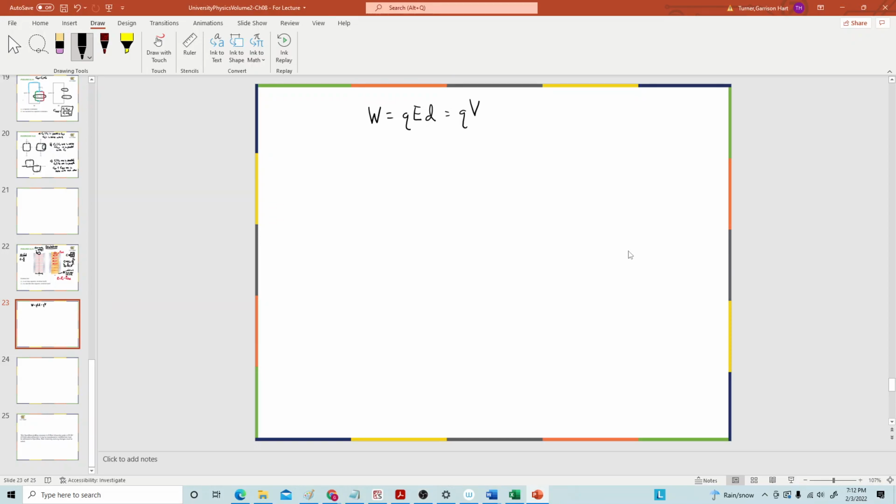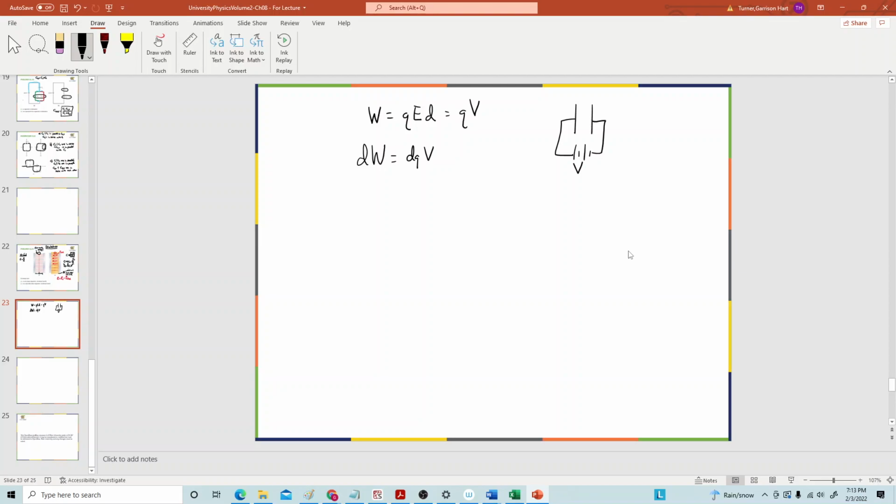And so, if I want to look at an infinitesimal snapshot of what's happening when I have a parallel plate capacitor connected to a battery of potential V, the infinitesimal amount of work to pull an infinitesimal amount of charge off of one of the plates and deposit it on the other one is going to be dW, and that is then going to be dQ V. Okay?